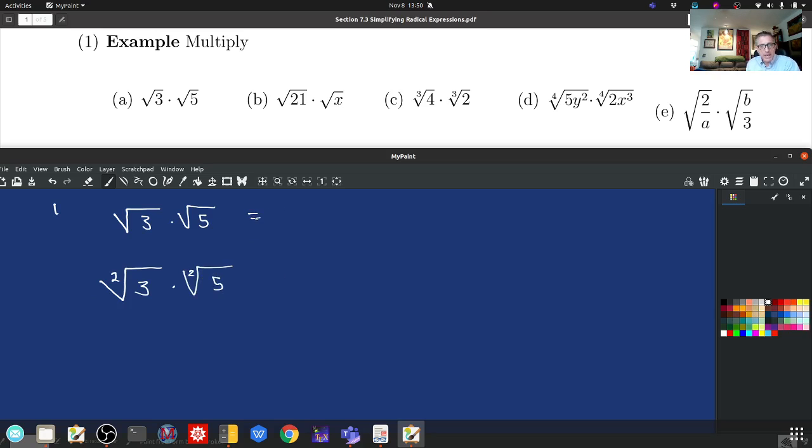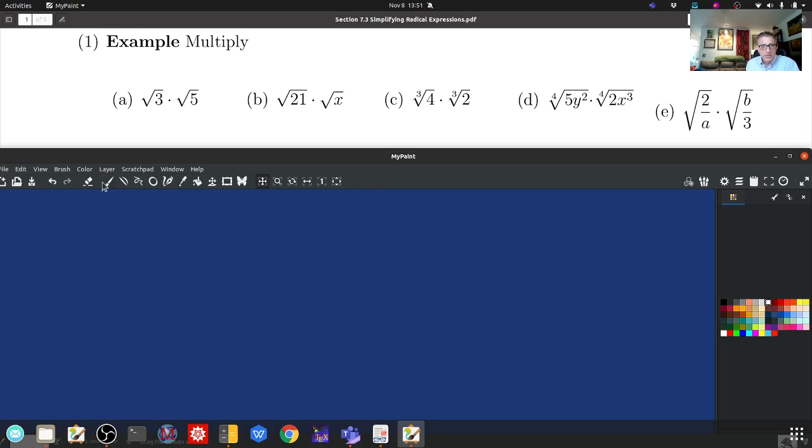By the product rule for radicals, this is just the square root of 3 times 5, and that's equal to the square root of 15.